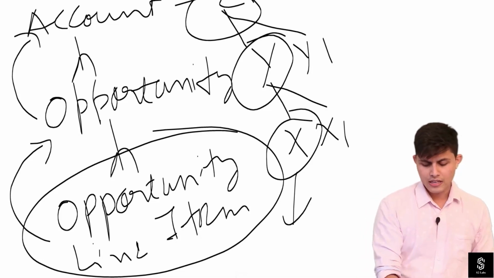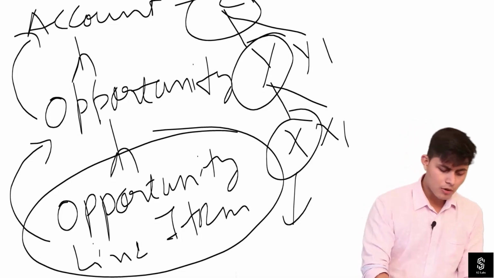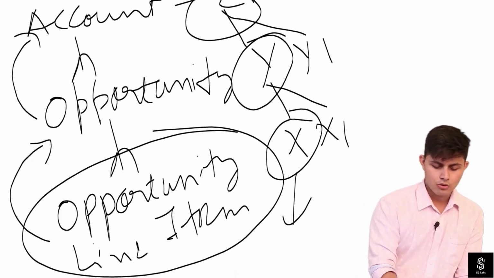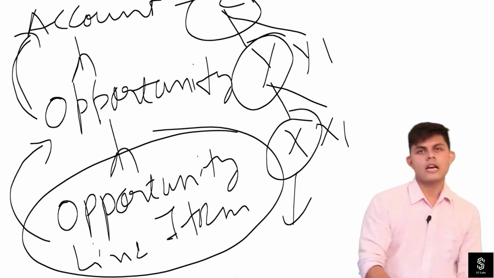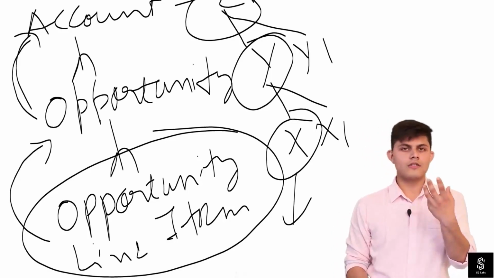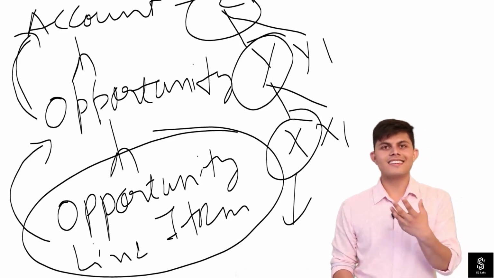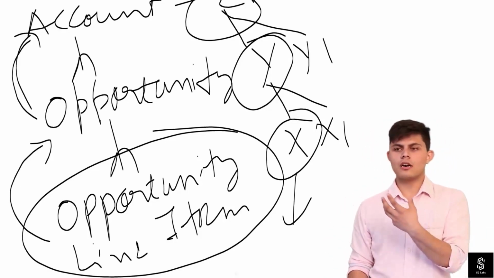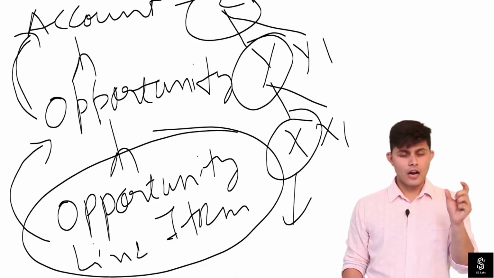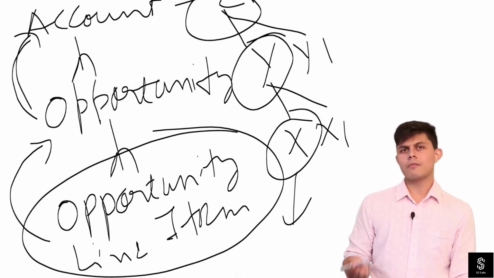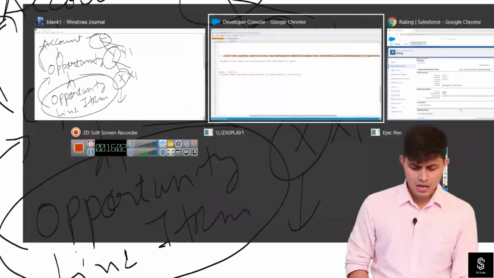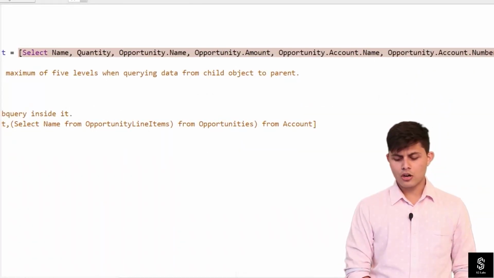So while I'm querying the records on opportunity line item, I'm traversing to opportunity, and then from opportunity I'm traversing to account, and then I'm fetching the information, or getting the values, of the account object's record which is associated with that particular opportunity, with the help of dot and again the field's API name. So this is exactly what I'm doing. Opportunity.account.name.